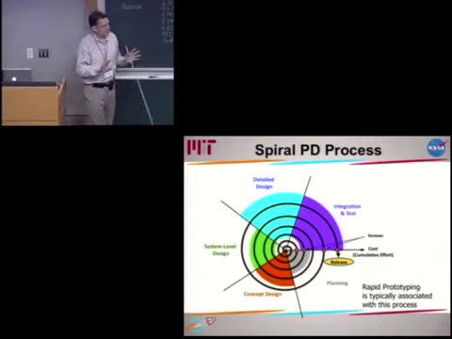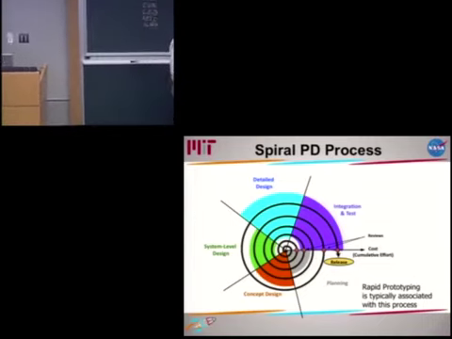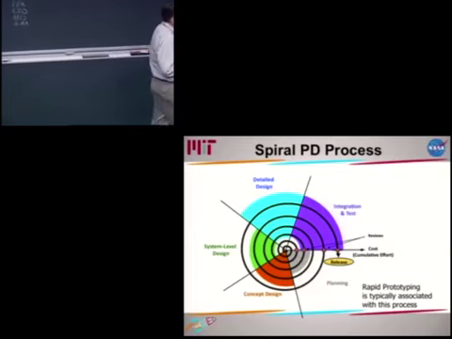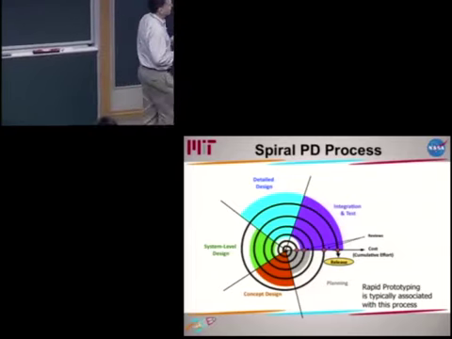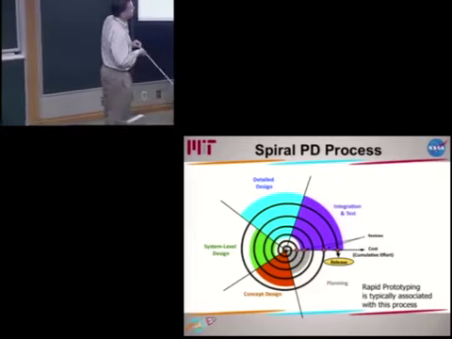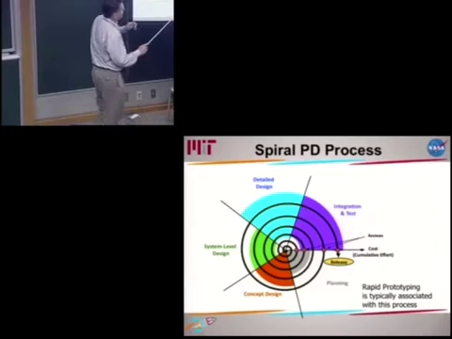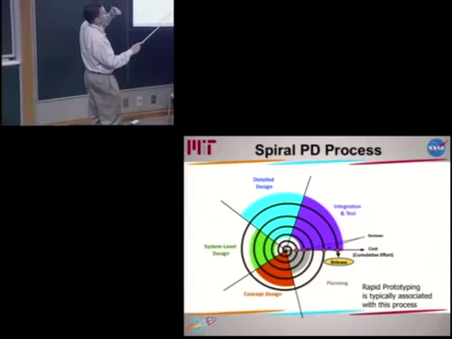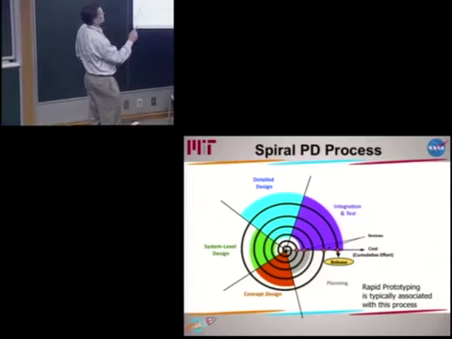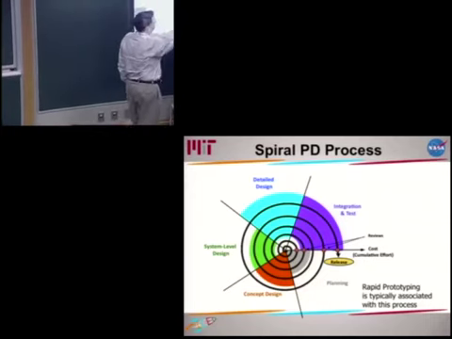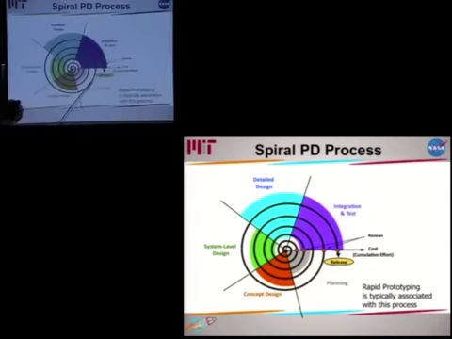So here's a visual of how the spiral process typically looks. It's one way to show the spiral process. There's another way that I'll show you. In spiral, we're going to go through planning, conceptual design, system level, detailed design, integration and testing, and then here the release. And you always start the spiral from the center.